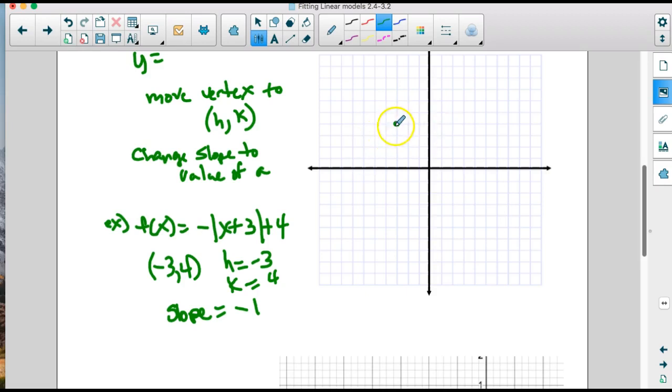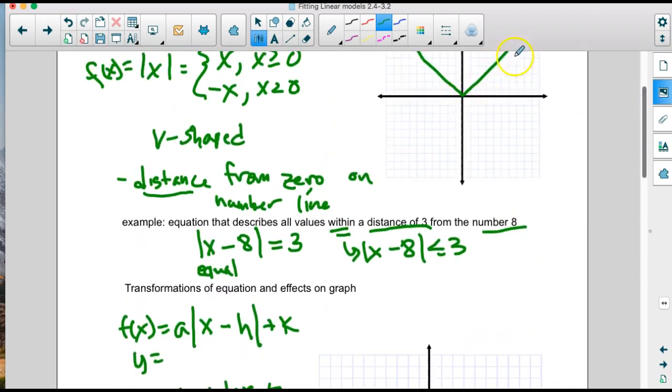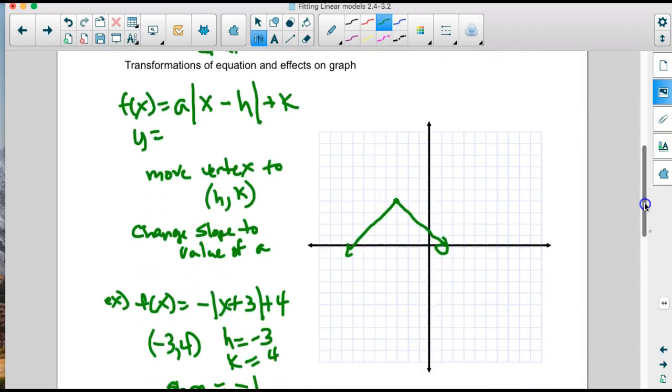That's actually a positive slope, but we're going down from the vertex, down 1 over 1, and going this direction with a negative slope. So the positive slope would change to negative, and the negative slope would change to positive because of that negative value there. We would change those slopes to the opposite values and go down.